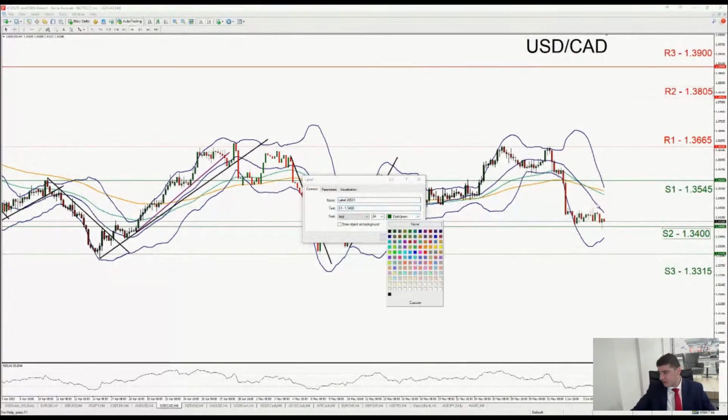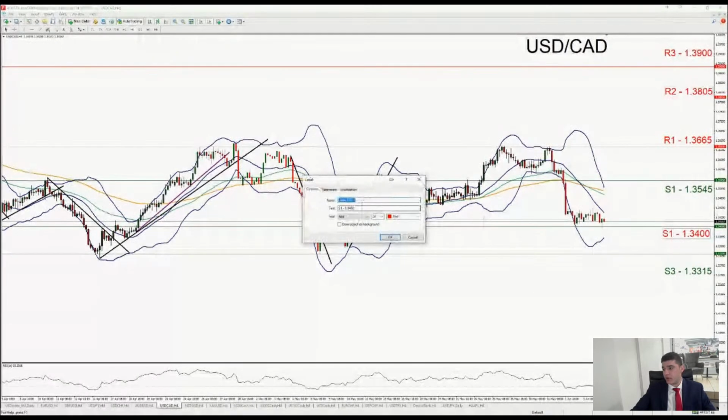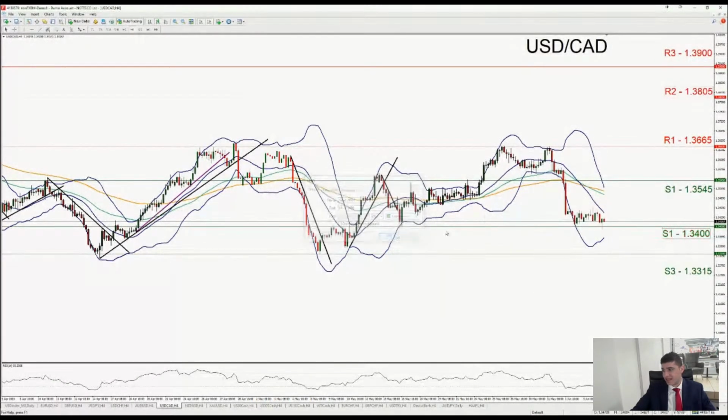You can see it's moving in a slightly sideways fashion, running along the RSI of 30. Now, despite being in a slightly sideways fashion, we do not maintain a sideways bias. We maintain a bearish bias for the pair, as the RSI still indicates strong bearish sentiment within the market.